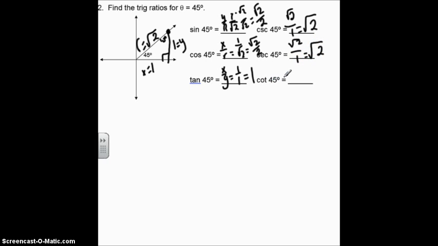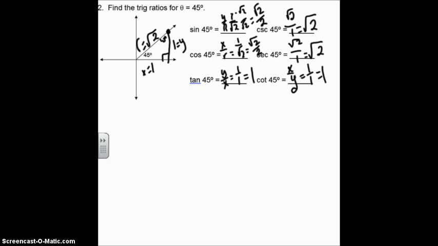And finally, cotangent of 45 degrees will be x over y, which now I realize I got to make a correction over here. Tangent is y over x. Values didn't change because it was 1 and 1. So again, x over y is going to be 1 over 1, and we get 1.